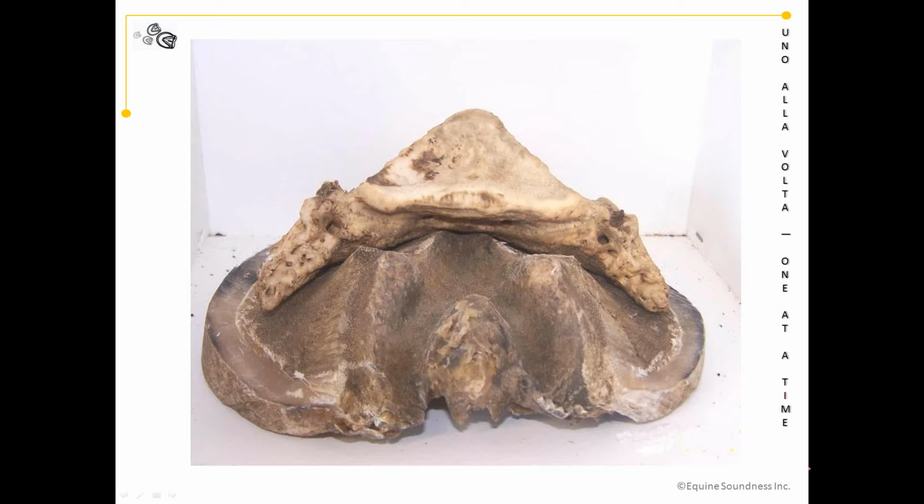In this picture, the wall was taken totally out, and what you see here is the solar vault of the coffin bone and of the hoof capsule, and this here is the ridge of the bar. And what we see here is the navicular bone. Left this in.